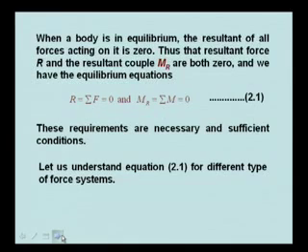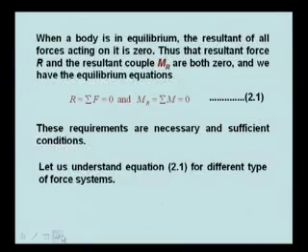These requirements are necessary and sufficient conditions. They are necessary, that means if a body has to be in equilibrium, then R must be 0 and the resultant moment also must be 0. And if R is 0 and the moment is 0, then the body has to be in equilibrium, that means these conditions are sufficient also; we do not require any other condition.